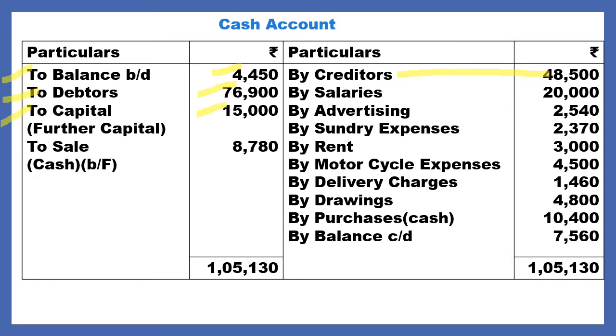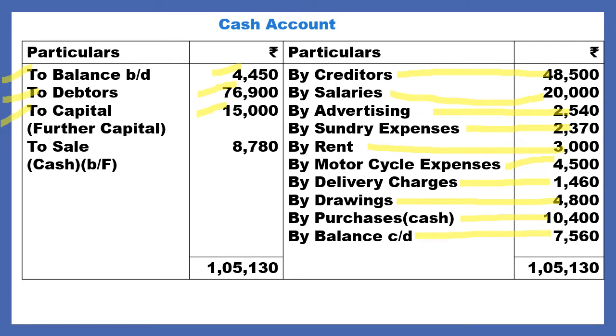Then expenses paid: salaries 20,000, advertising 2,540, sundry expenses 2,370, rent paid 3,000, motorcycle expenses 4,500, delivery charges 1,460, drawings 4,800, purchases, that is cash purchases 10,400, and closing balance also mentioned in the problem 7,560.